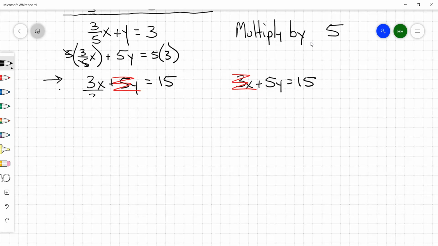So right here, if we divide by 3, then x is equal to 5. And in the equation on the right, you're going to divide both sides by 5. y is equal to 3. So those are your two intercepts.